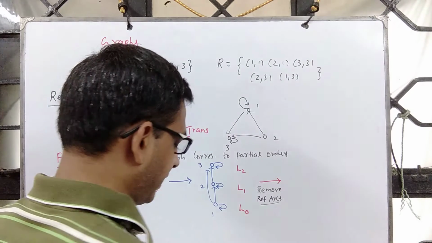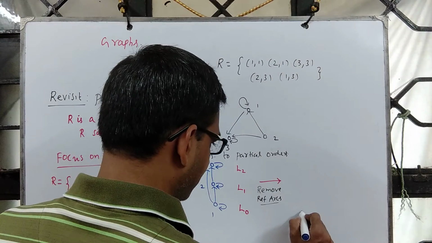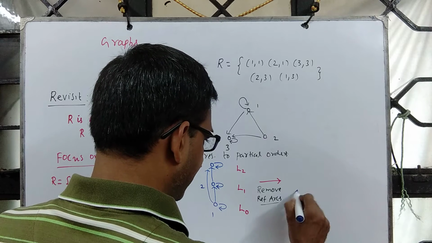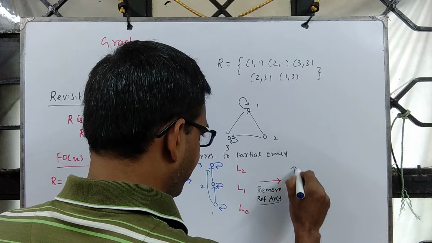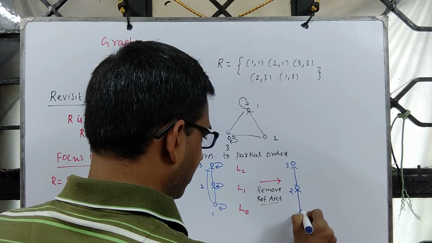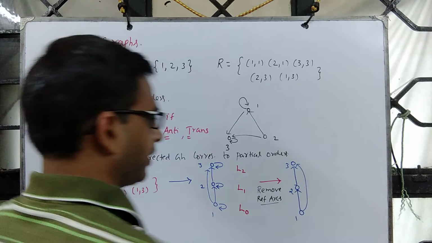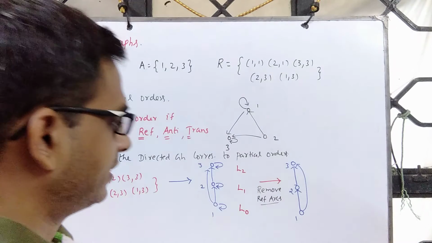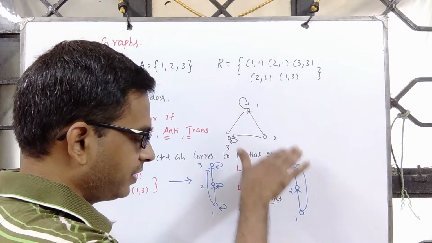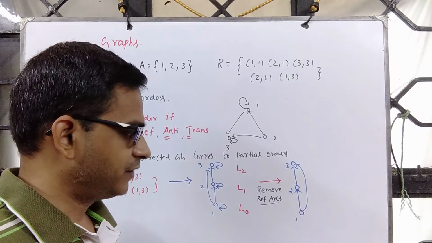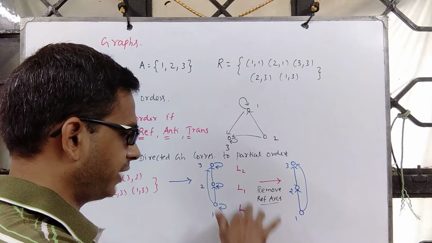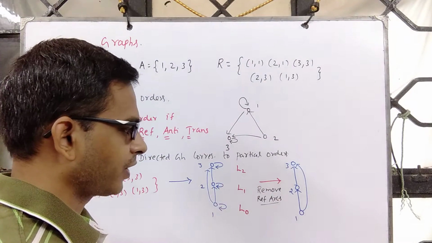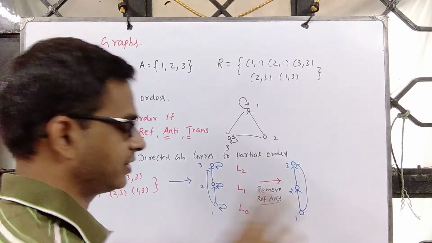So I am dropping the underlying reflexive arcs. So what we get is 1, 2, 3 and this. Since the vertices are arranged in a linear chain, with vertices at level 0, level 1, level 2, you always follow this style.